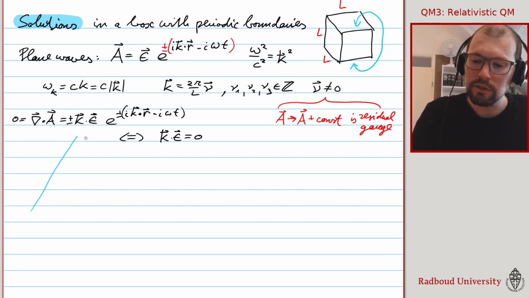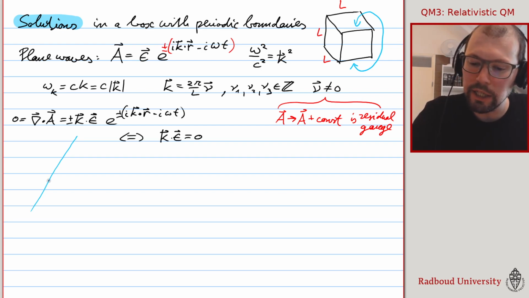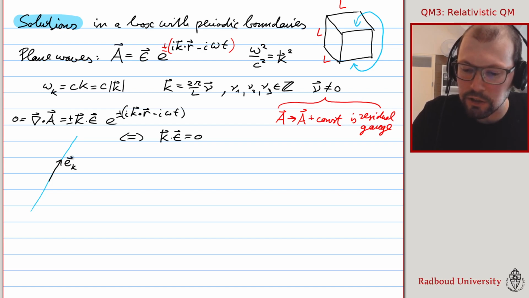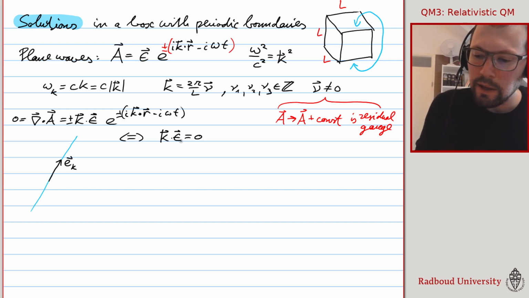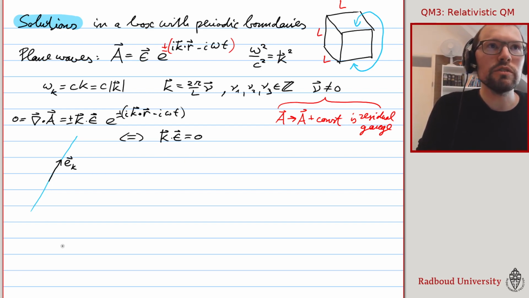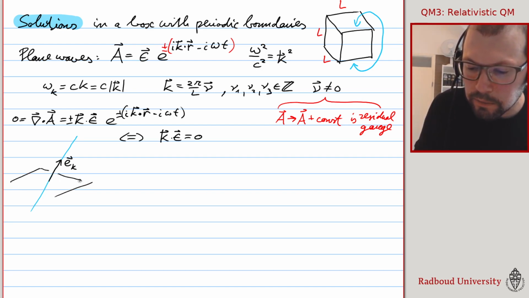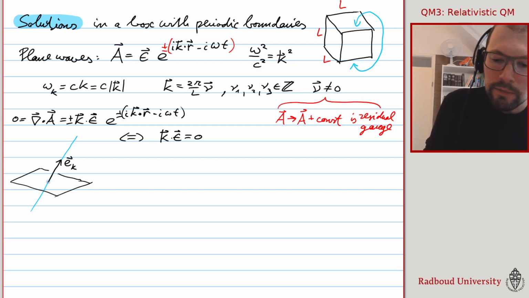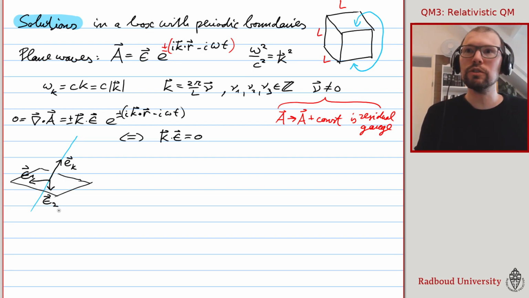If I have my plane wave propagating in this direction, I want my 2 different polarizations to span the space that is perpendicular to this. So let me take a basis of this space to be epsilon 1 and epsilon 2.